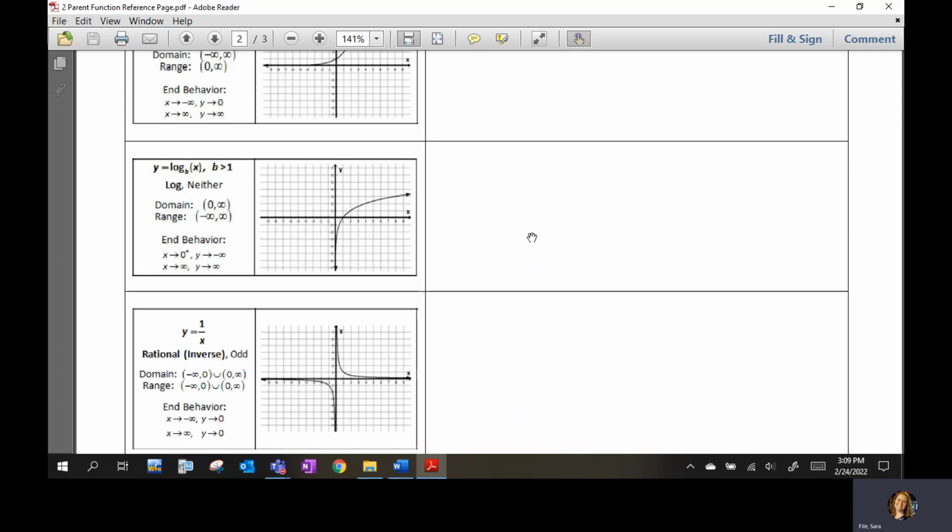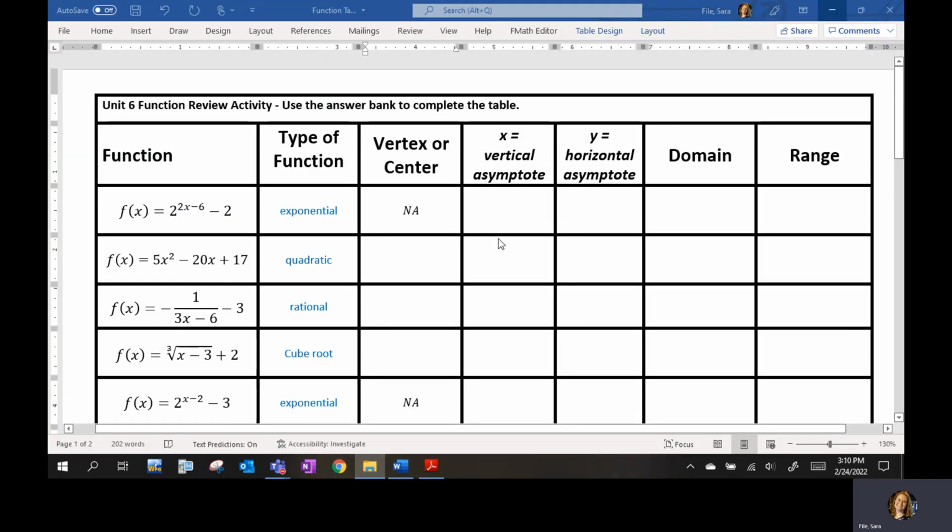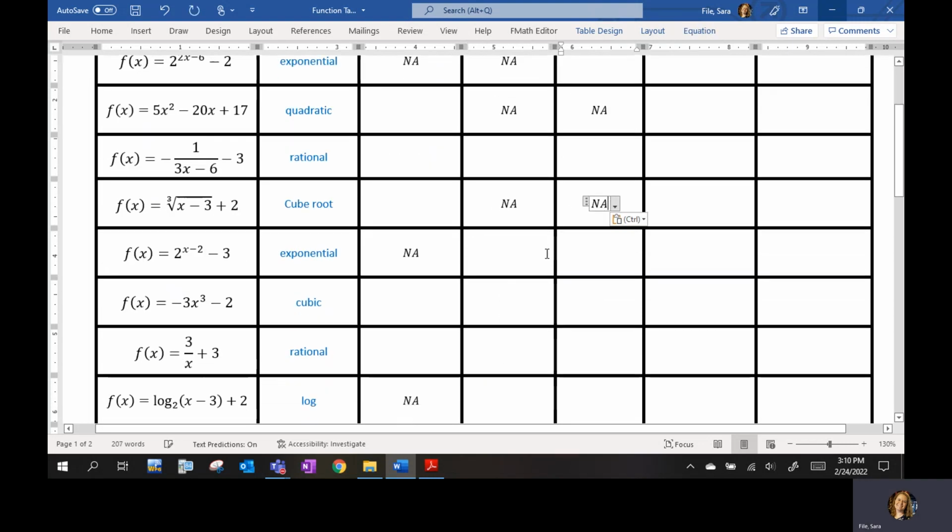And for those columns that say asymptotes, just know these are the only 3 with asymptotes. Rational has both, log has vertical, exponential has horizontal. So we can go ahead and put a bunch of NAs here for asymptotes, so I'm just going to copy this. Quadratic has neither. Rational is going to have both. Exponential is only going to have horizontal. Cube root won't have either.